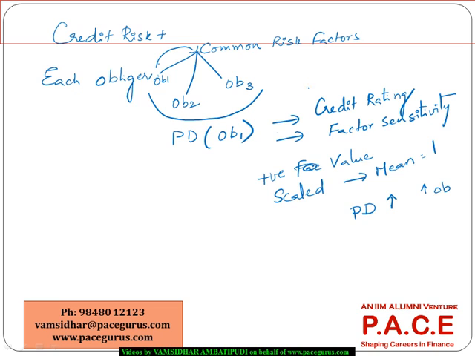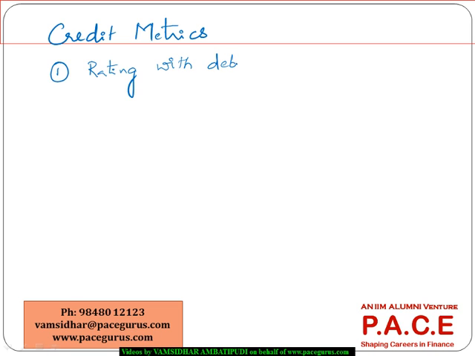On the other side, when I look at CreditMetrics, another tool typically used to measure the credit VAR, all it says is you first start off with the credit rating associated with the debt claim, the issue.